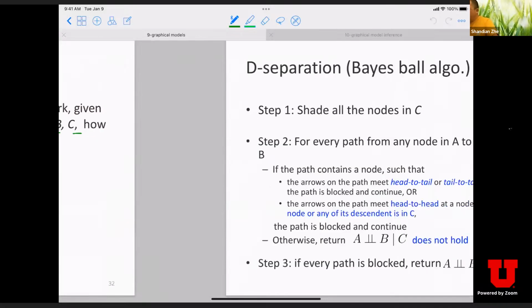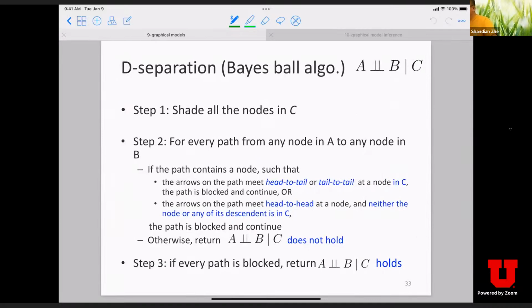So we're going to introduce the so-called d-separation, or Bayes ball algorithm, to efficiently test whether this conclusion is correct or not. How can we do that? First, because we want to test conditional independence, we shade all the nodes in C. In the graphical model, this just means the variables in C are observed and conditioned.